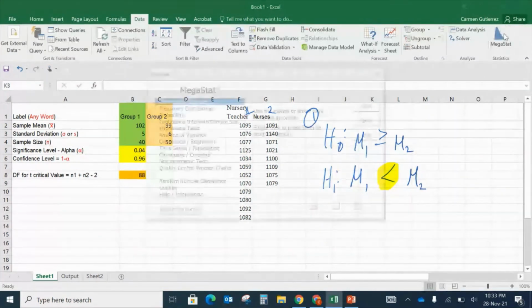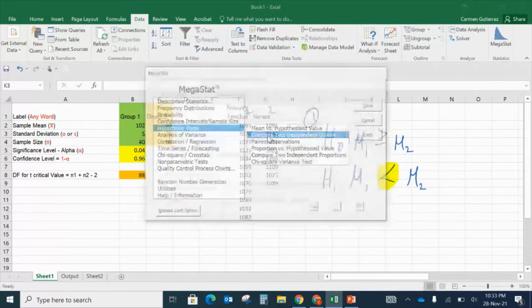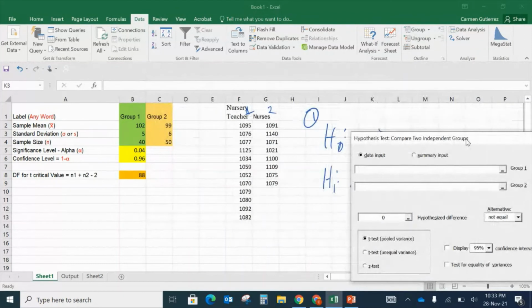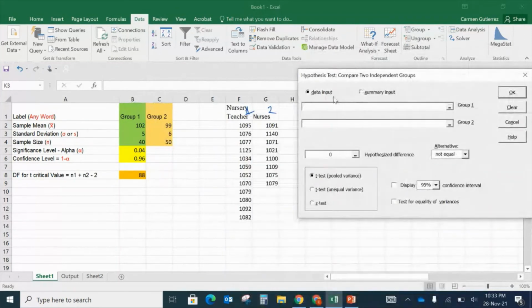Data, MegaStat, hypothesis testing, and we're comparing two independent groups. In this case, the nursery teachers versus nurses. All right, so data input, summary input. When you have the data, raw data like this, okay, like two columns, you need to do data input. Now, how do we enter the data in here?